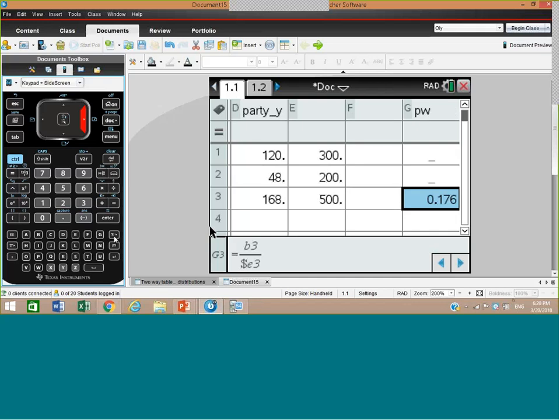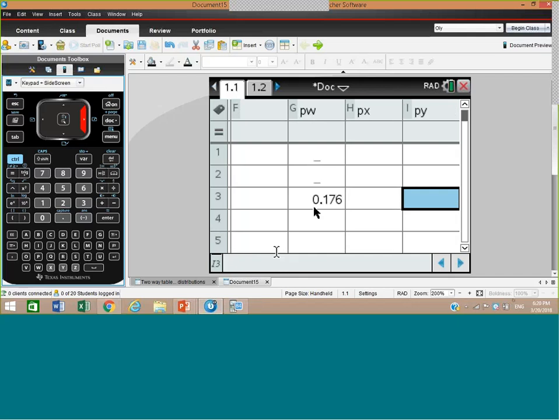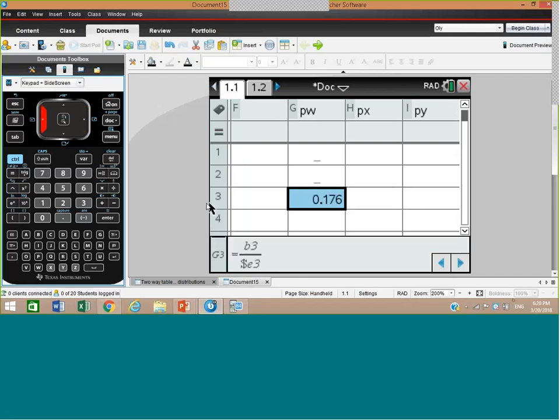That 500 is not going to change. So the divisor is column E, not changing, but the numerator is column B, column C, column D, depending on which party we're with. So for the denominator, he wants that dollar sign, which in a sense locks the column to which it's referring.